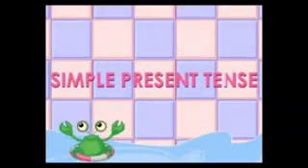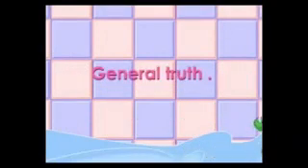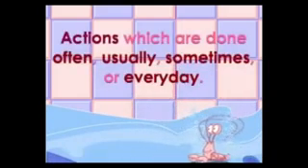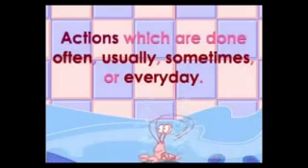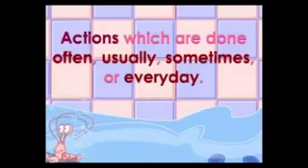Hello there! We are going to learn simple present tense. The simple present tense is used for things that are general truth. It is also used for actions which are done often, usually, sometimes, or every day.